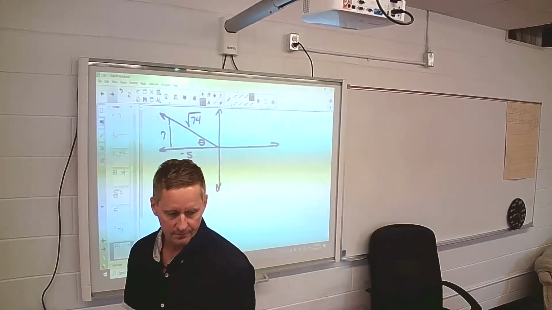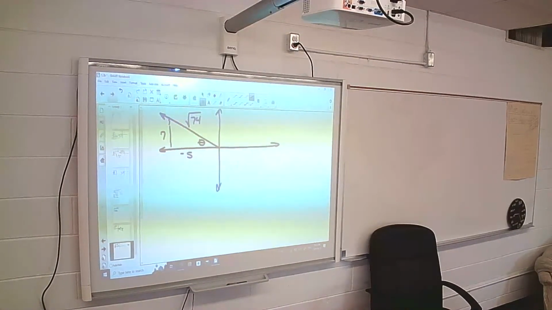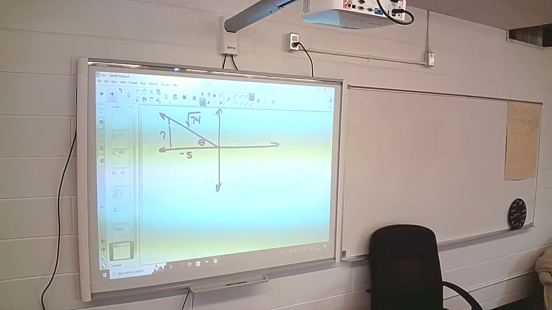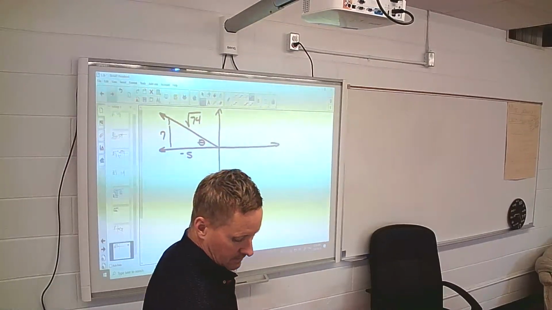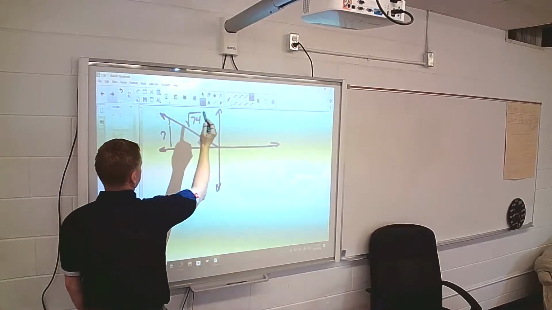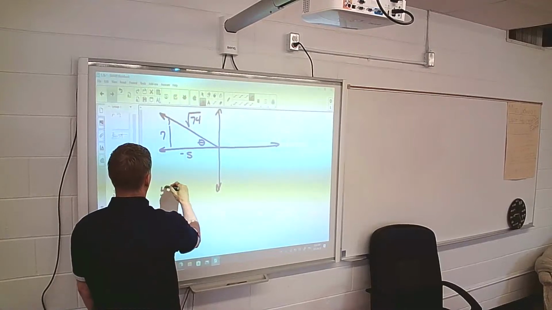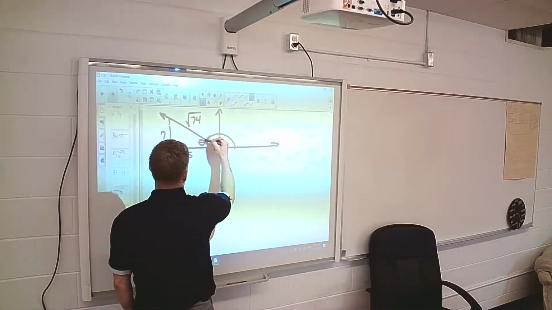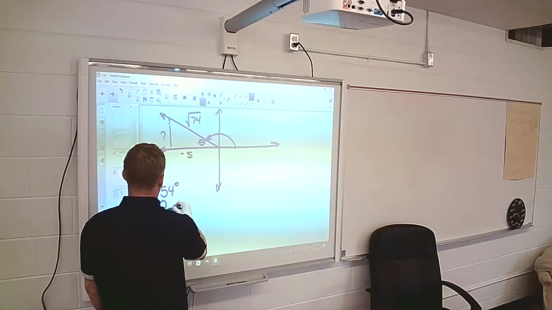Cosecant? Root 74 over 7. Secant? And cotan. Good job. Asked for theta. So using your calculator, that theta worked out to 54 degrees. And then they asked for this angle right here, 126 degrees.